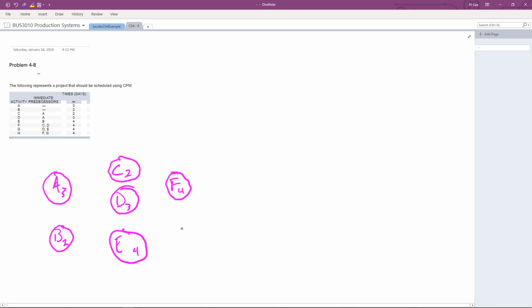G depends on D and E, and G takes 4 weeks. And finally, H depends on F and G. It takes 4 weeks. So we'll draw our connectivity here. As such, that's our network.